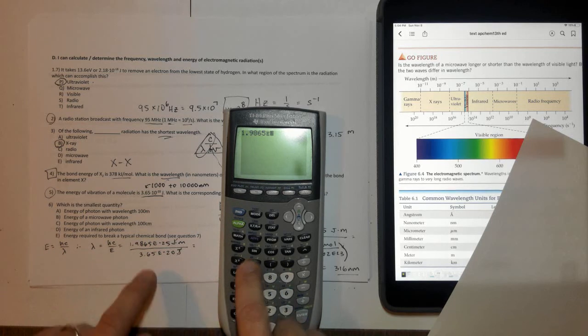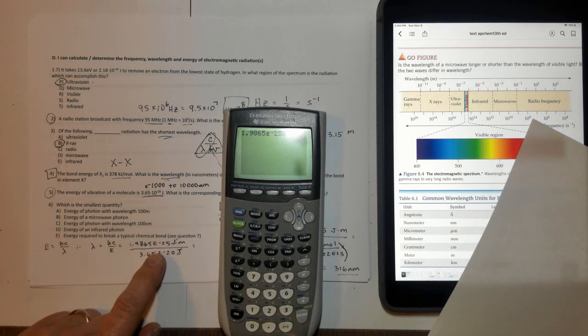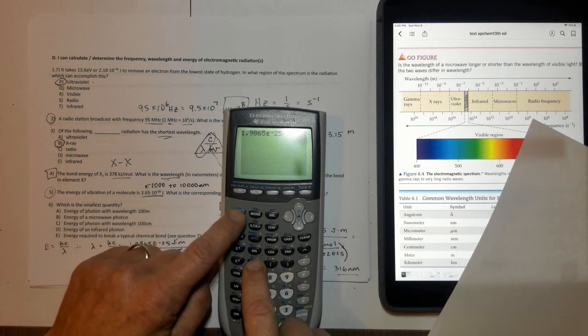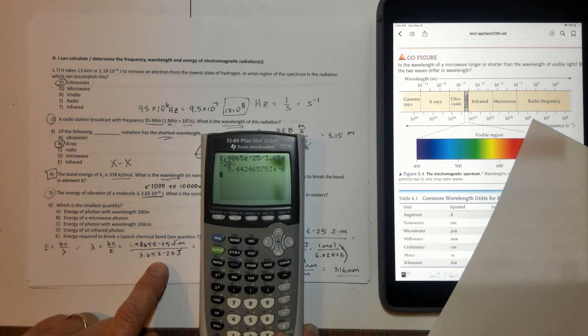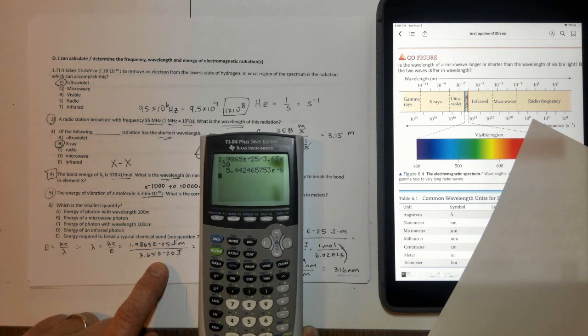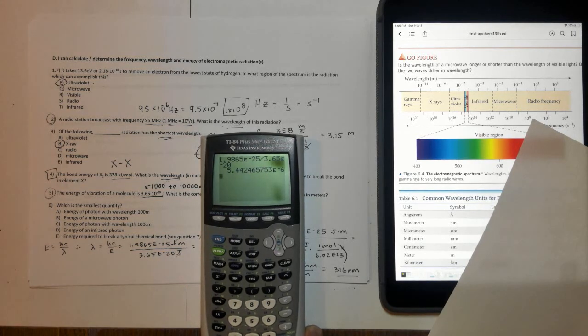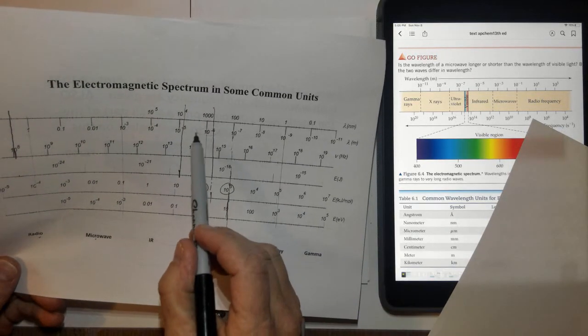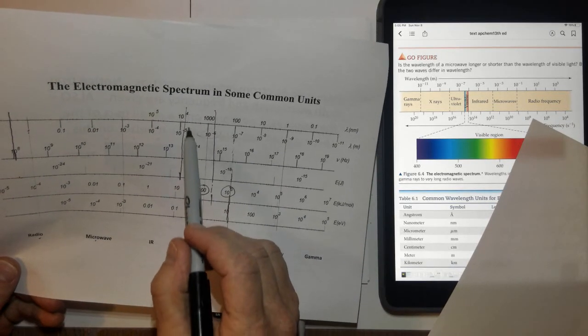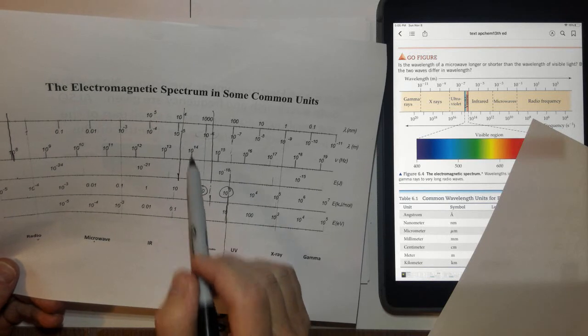1.9865 enter exponent negative 25th divided by 3.65 enter exponent negative 20th, and enter, and I get 5.4 times 10 to the negative 6th. And that would be in meters. I said it would be something times 10 to the negative 6th, and a bigger number times 10 to the negative 6th because we're right up here.